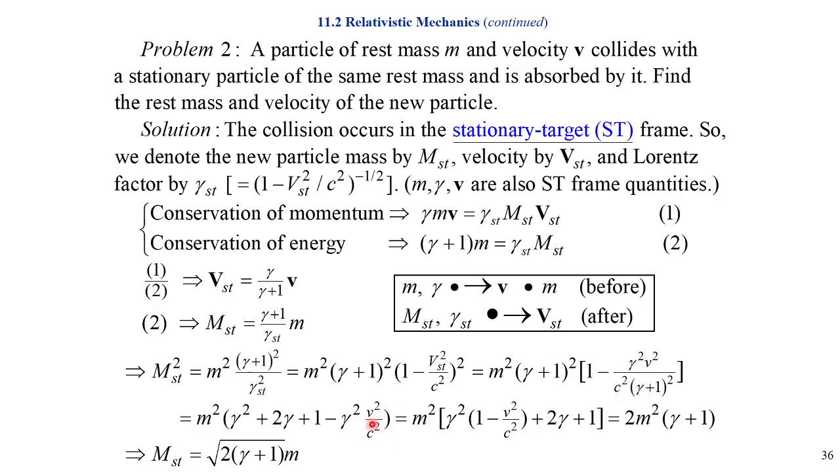That can be further simplified by factoring out gamma squared, giving 1 minus v squared over c squared, which is 1. So 1 plus 2 gamma plus 1. Eventually, M_st squared equals 2M squared (gamma plus 1), so M_st equals this one. Quite different from the previous case. Let's compare.